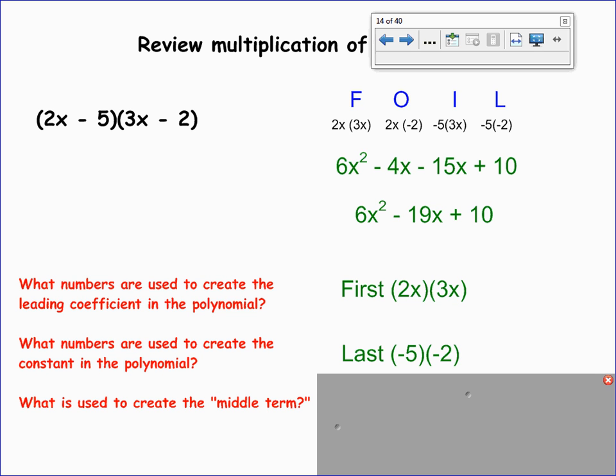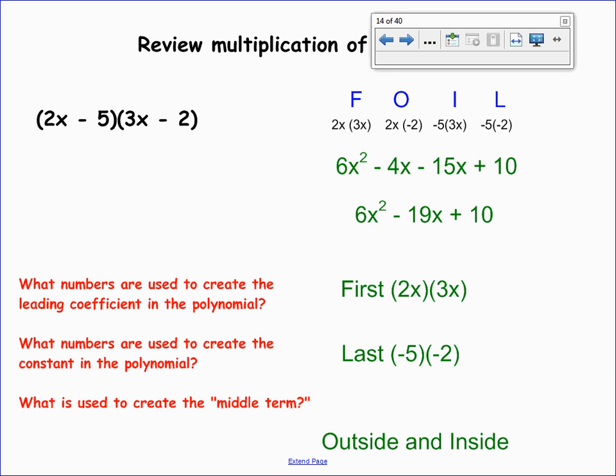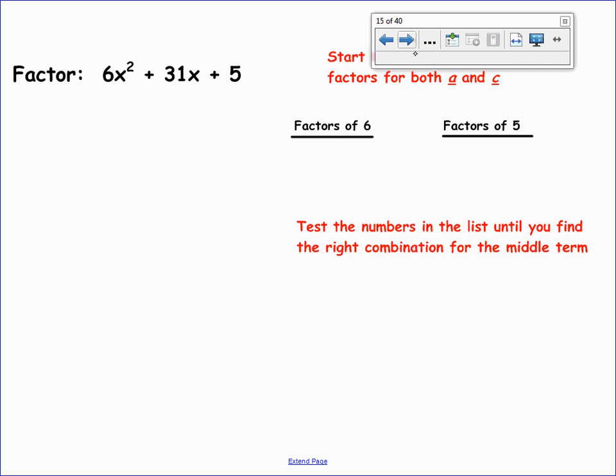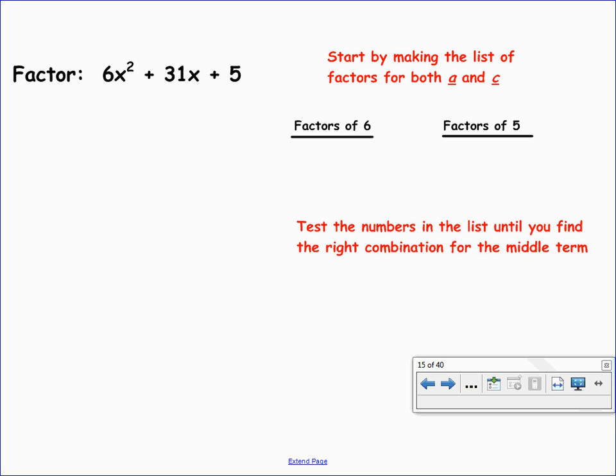So we need to consider the factors of the first, the 2 and the 3, and the factors of the last, negative 5 and negative 2, in order to get my ultimate answer when factoring, because I combine both the outside and inside terms to create that middle term. So that's going to be our key as we work towards factoring the original polynomial. Let's go ahead and try some together. We're going to start by making a list of the factors for both A and C.